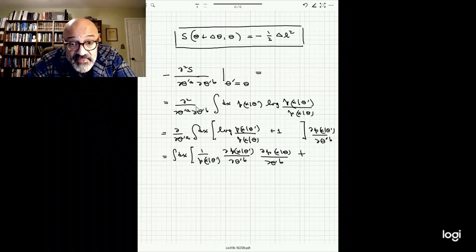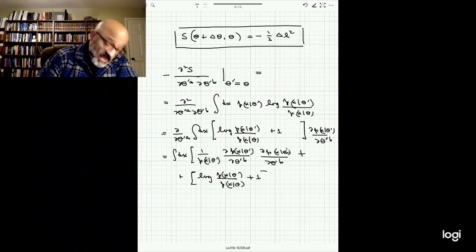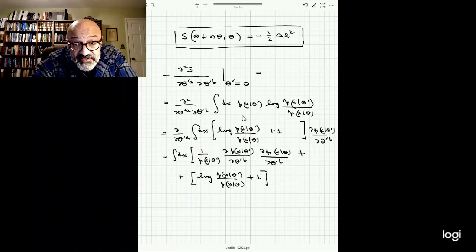Plus this whole term, let me write it all by itself. Plus 1. And now we take the derivative of the last term over here.